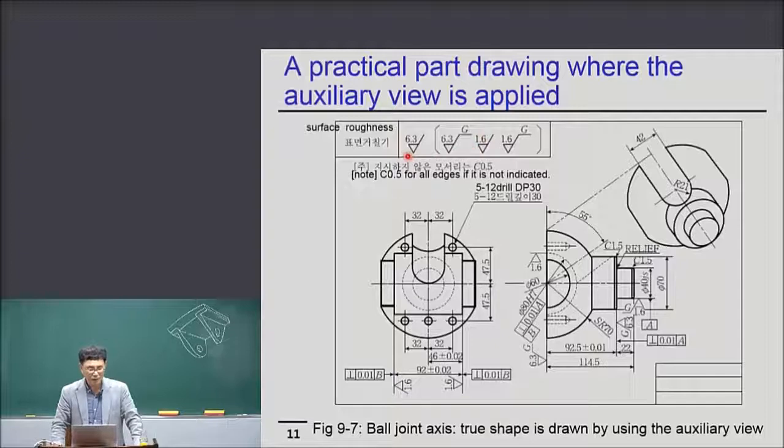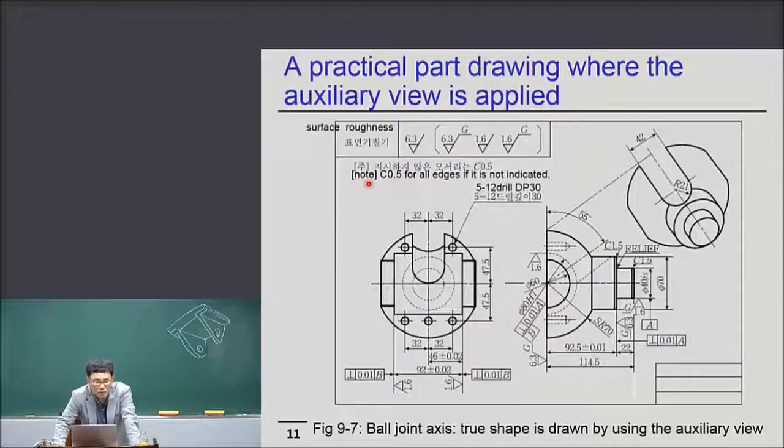And all the other surfaces which are not indicated specifically should be machined with a surface roughness of 6.3. Okay, you got it? Now it's very clear, the placing of surface roughness here.